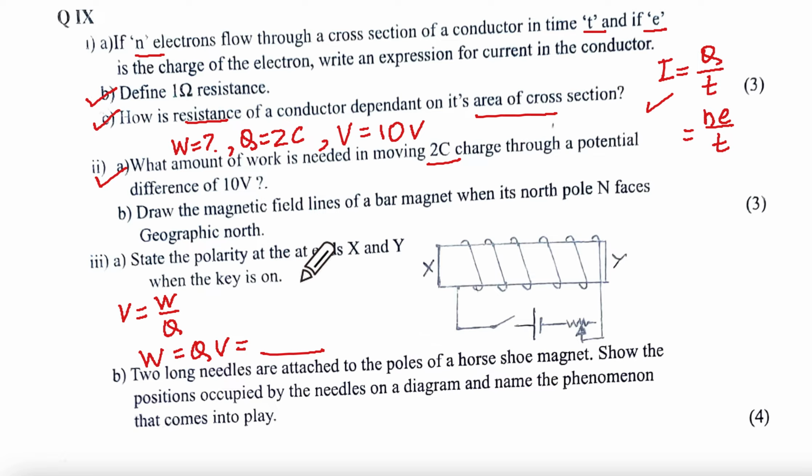Can you draw magnetic lines of a bar magnet when north pole faces geographic north? What did I tell you? N, S, N, S, N, S and N, N, S, S, E, W. They are telling you this, correct? Yes, ma'am. So you have to draw the diagram and mark the neutral points according to what I told you.